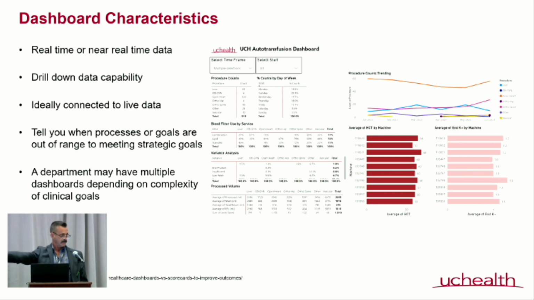We can log into the hospital intranet, and anyone can see this, and they can drill down data that's time specific. They can get their individual data by selecting the staff, but it shows all the metrics of our auto transfusion program: how much blood we gave back, how many units we saved, the quality control of each of our devices, right?